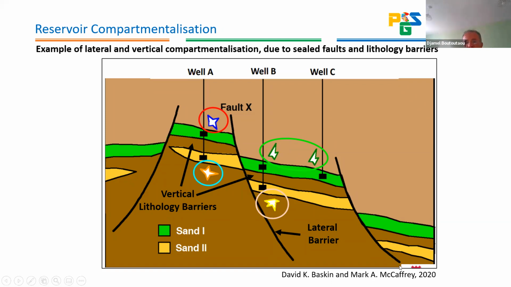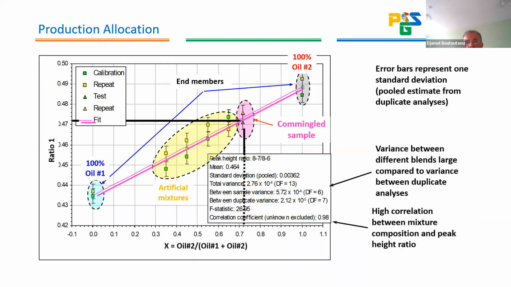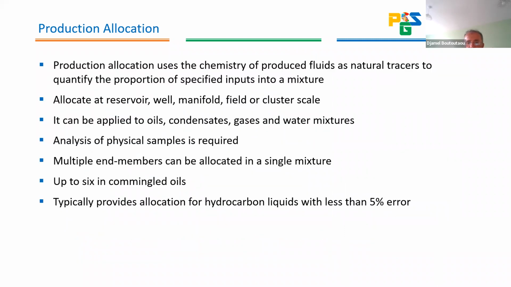So through the time of production, you can take samples at the wellhead. Each time, for example, if you start today, say the 18th of June, you take a sample, you analyze it, and you compare it to the end members, DST1 and DST2.